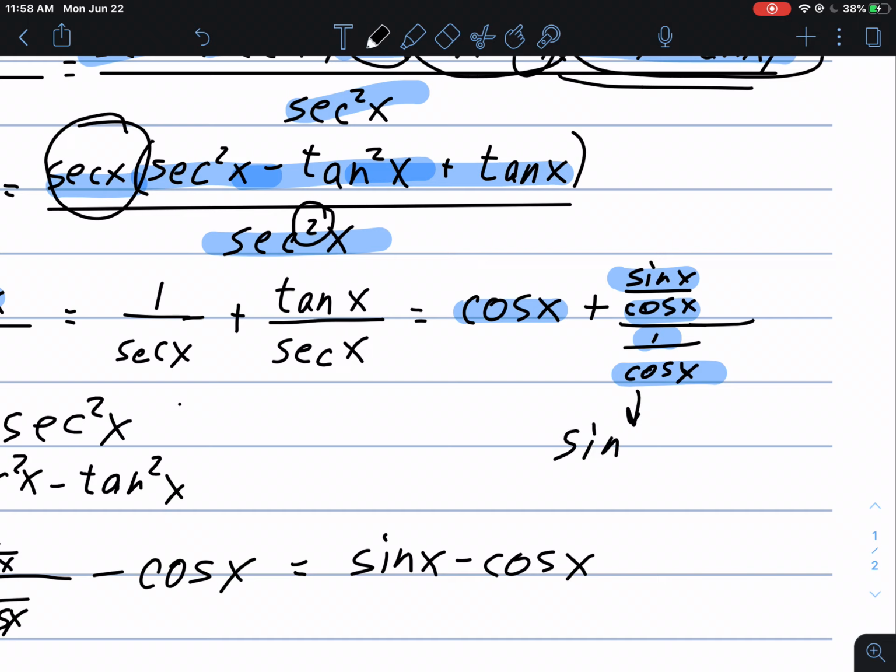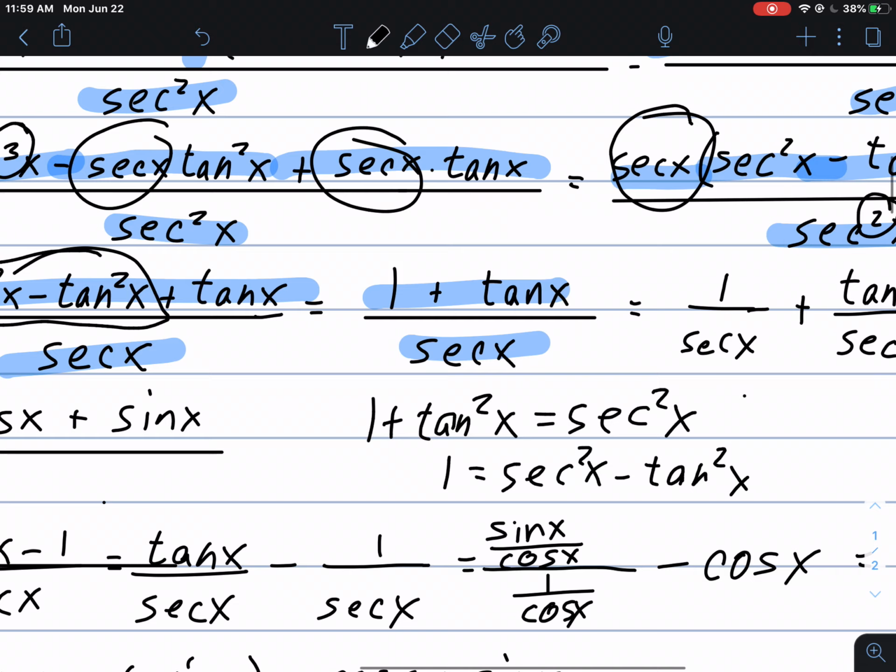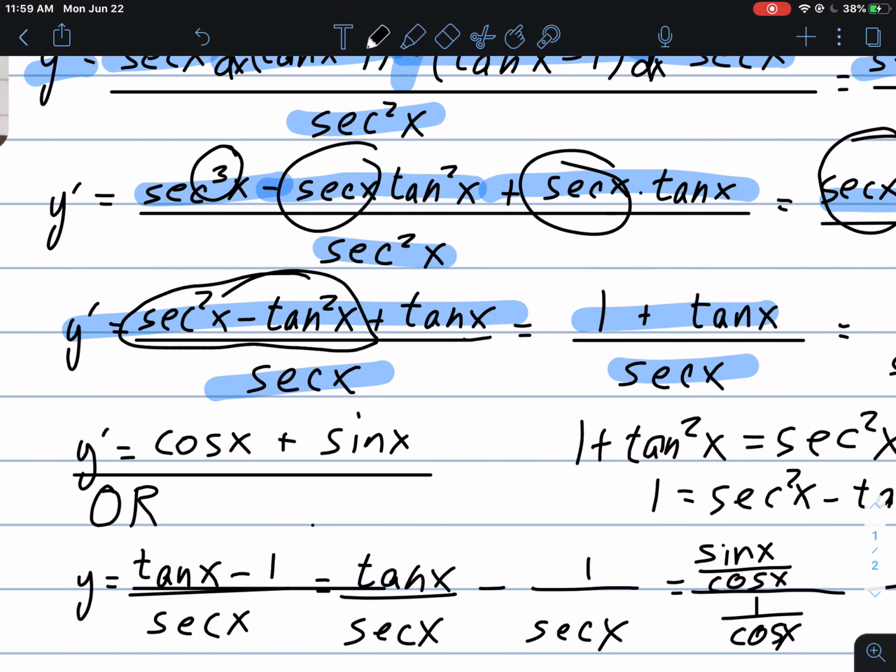This would be sine over cosine times the reciprocal, right? Cosine over 1. And then you can divide out that cosine, you're left with sine. So that leaves me with cosine plus sine as the final version of our derivative, okay?